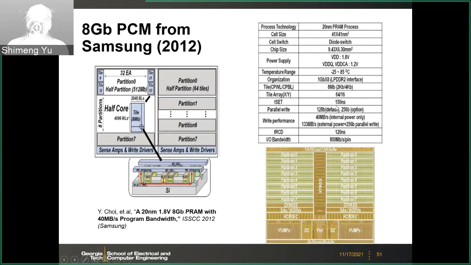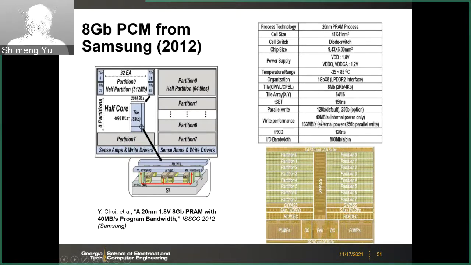The set pulse width, the speed, is about 150 nanoseconds, and I believe the reset is a little faster than that. The interface is 128 bit or even 256 bit in parallel, and the total chip-level write bandwidth is about 40 megabytes per second.